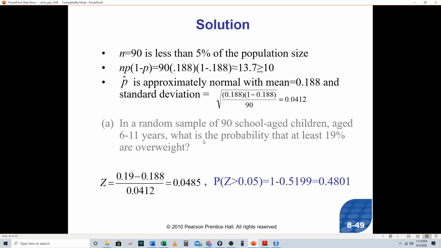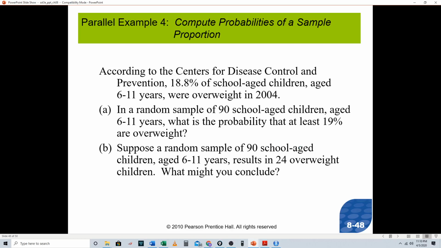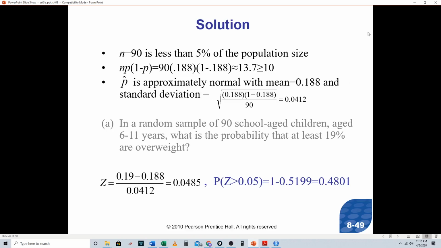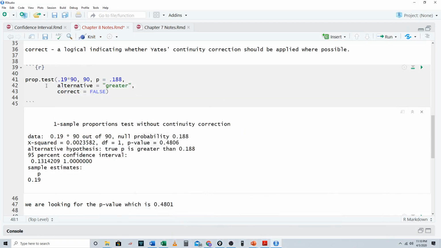Suppose a random sample of 90 results in 24 overweight children. Let's put in 24 instead of 19, and we're just going to do less than.